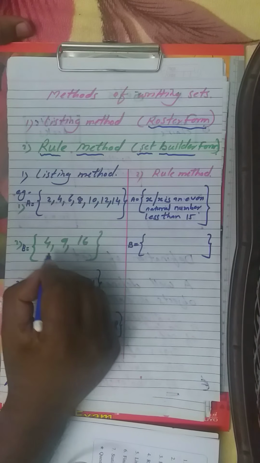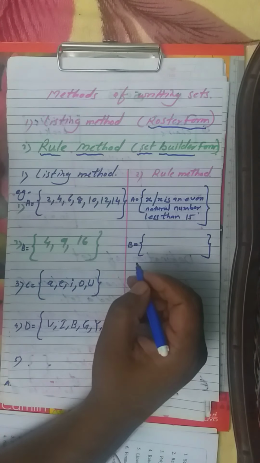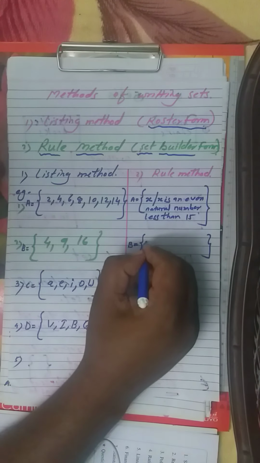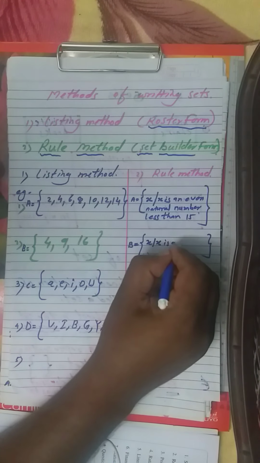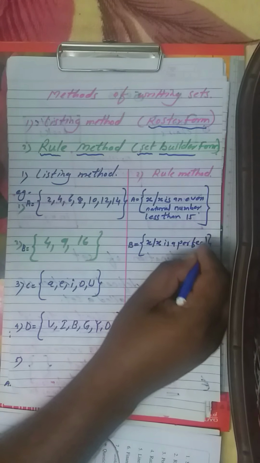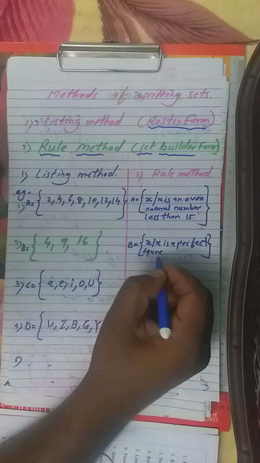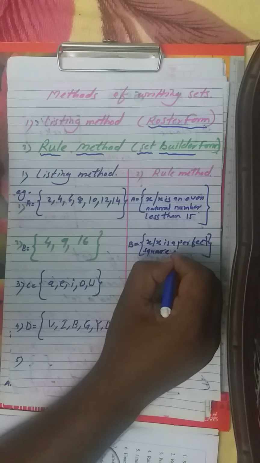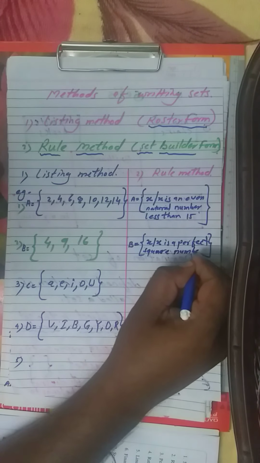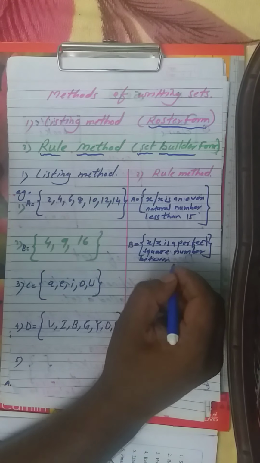Now set B is given as 4, 9 and 16. Dear students, we see that 4, 9 and 16 are perfect squares. So we can write x such that x is a perfect square number between 1 to 20.